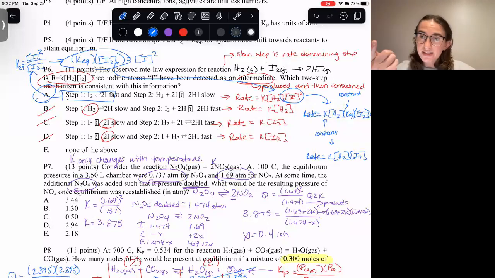I'm not entirely sure if you can see it. But I talk through what it would look like if your slow step was the 3rd step and you have an intermediate. Intermediates can never be in the rate law equation. You have to manipulate the other things that you know in order to get rid of that intermediate.